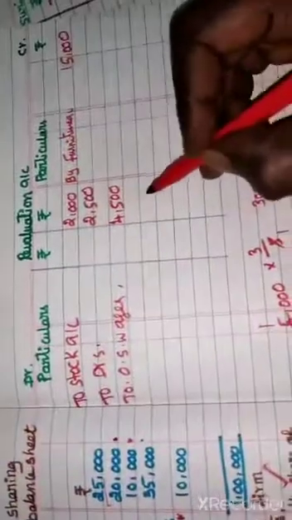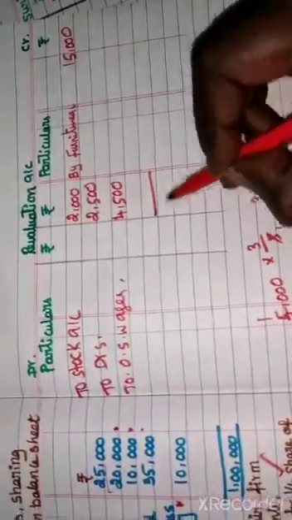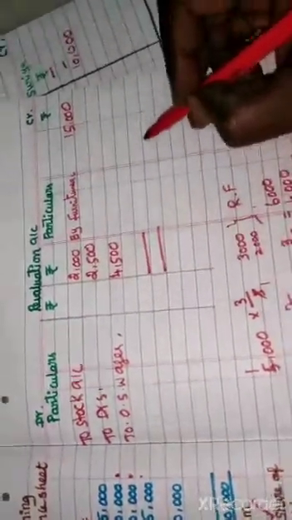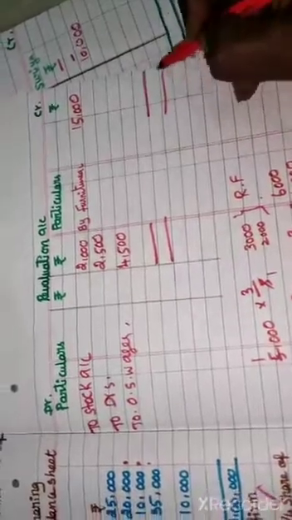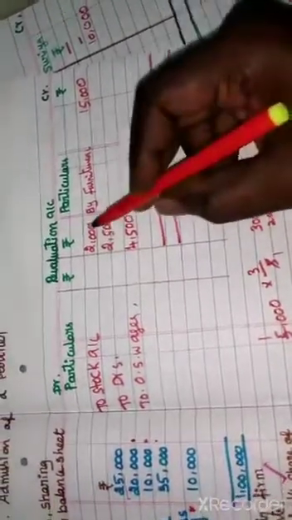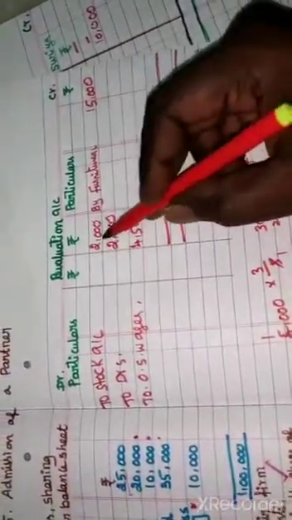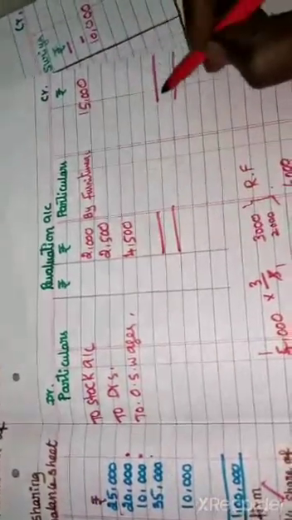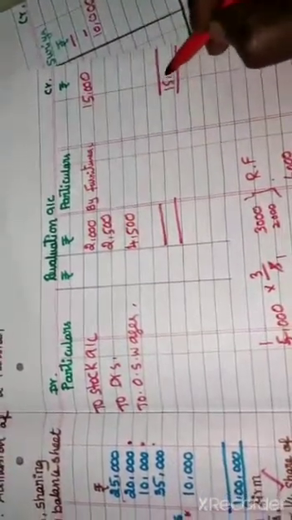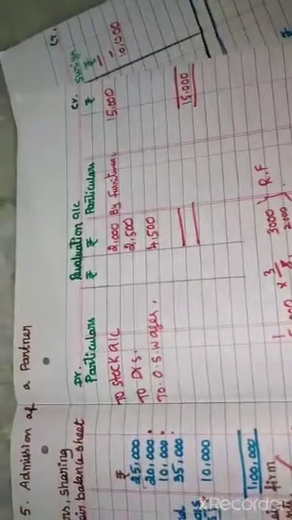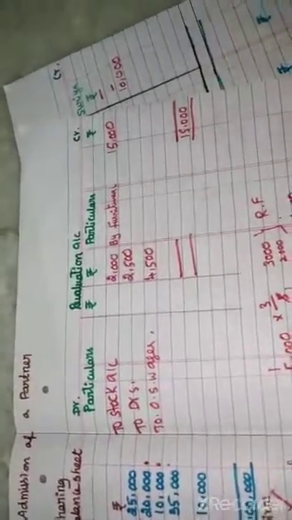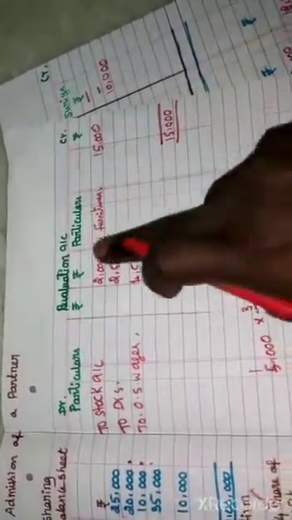First we can close the revaluation account. So you see here, here you got 15,000. Here you got 9,000 only. So 15,000 is the existing excess balance, so you can place it here, 15,000. Then remaining here we got 9,000.